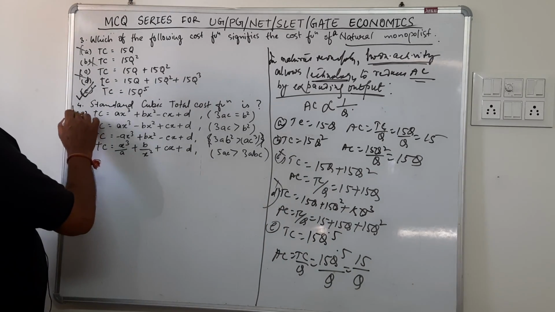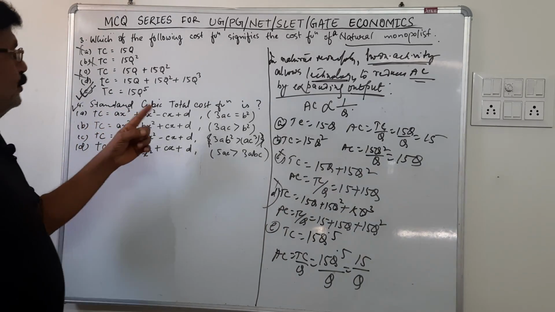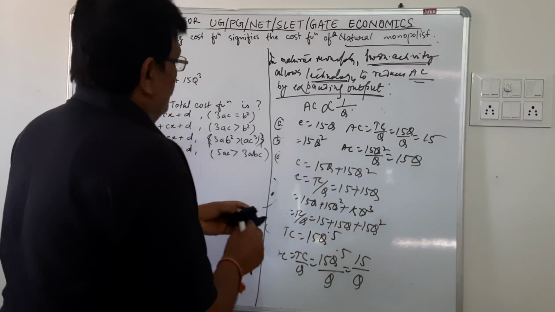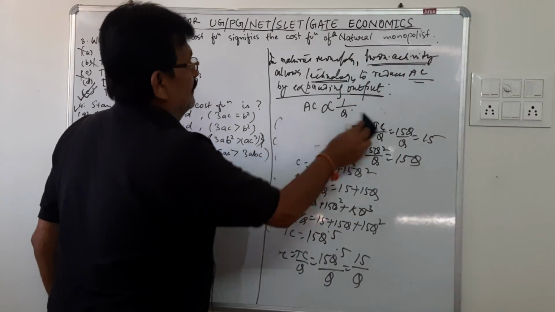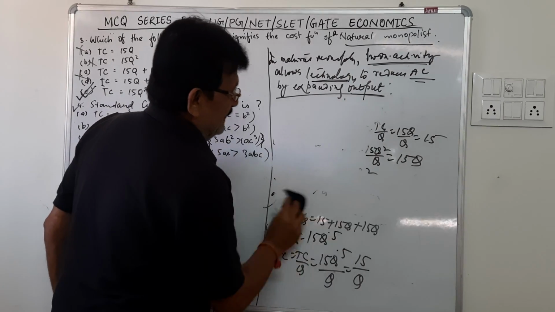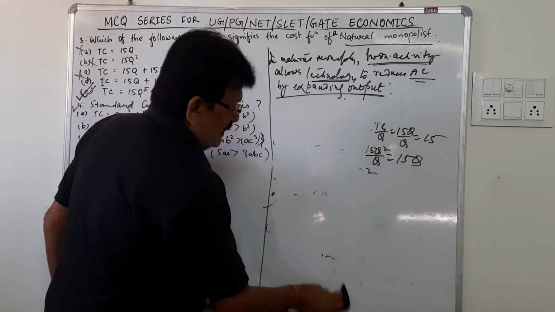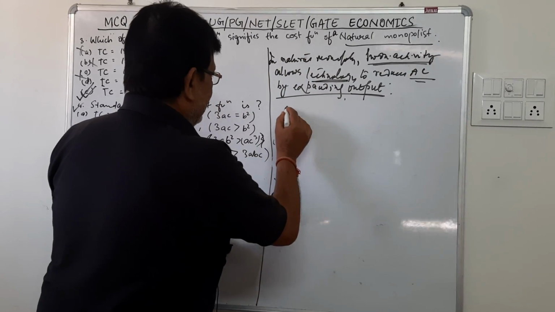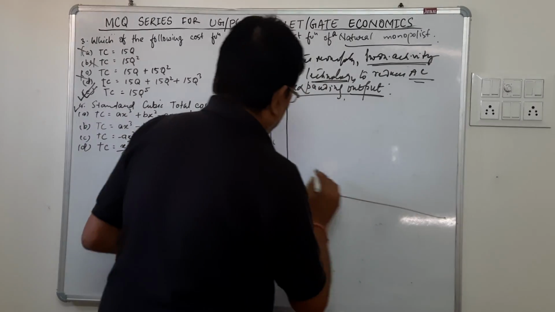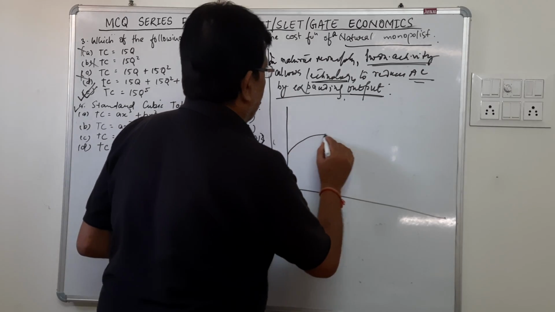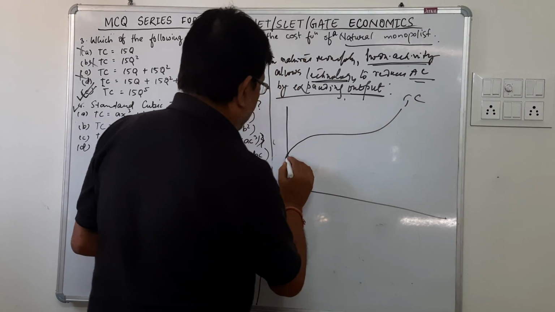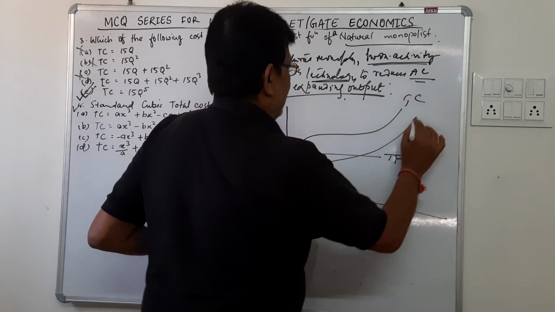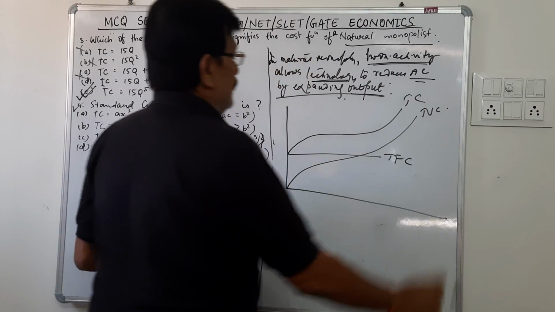Now this question number 4, standard cubic total cost function. For identifying the cost function, if you go to the theoretical part, we have total cost function as TC equals TFC plus TVC: this is total cost, this is total fixed cost, and this is total variable cost.